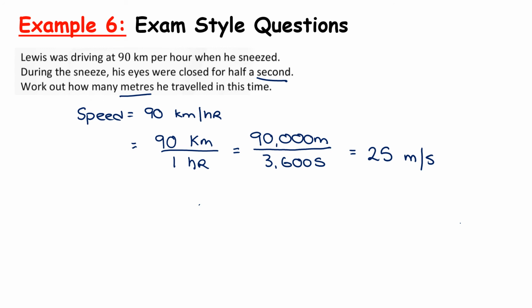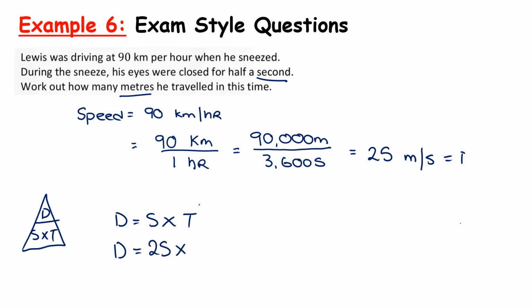Now he's closed for half a second. So I'm going to use the DST triangle here. If you're kind of going, oh sure, I already know the answer, that's brilliant. But just in case you are stuck, we are trying to figure out the distance, which is speed multiplied by time. So the distance is 25 multiplied by now the time. So that's my speed.